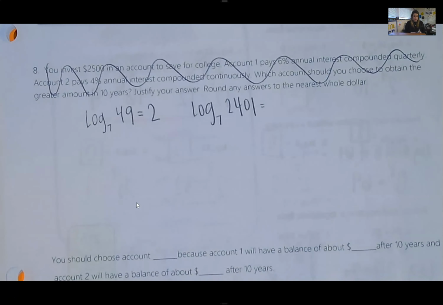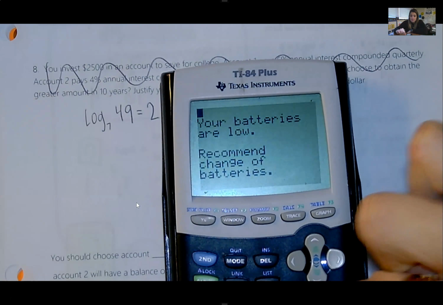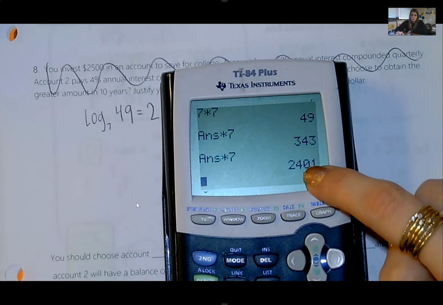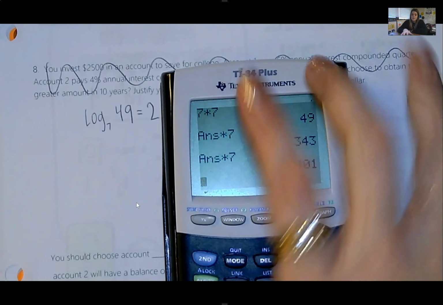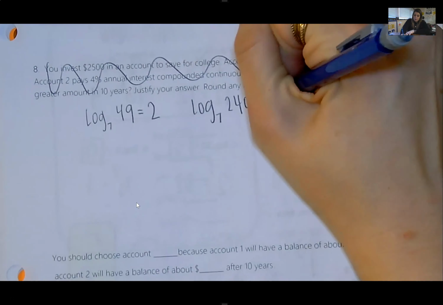So what I would do is in my calculator, I would start multiplying 7 together. 7 times 7 gives me 49, times 7, times 7, and I would go until I get 2401. So this means I need 1, 2, 3, 4 7s to get 2401.